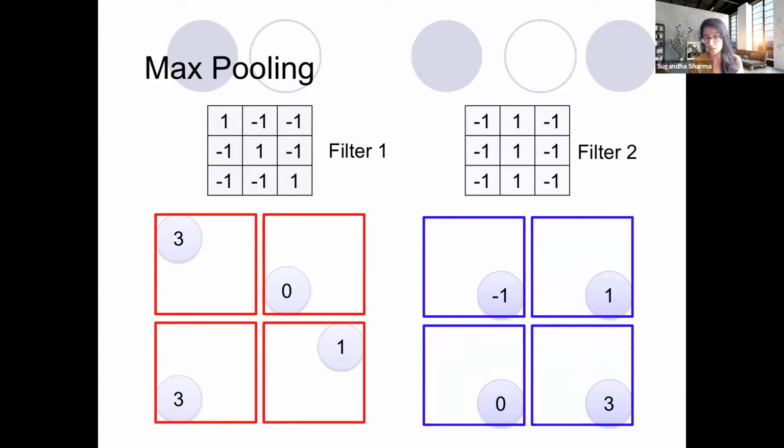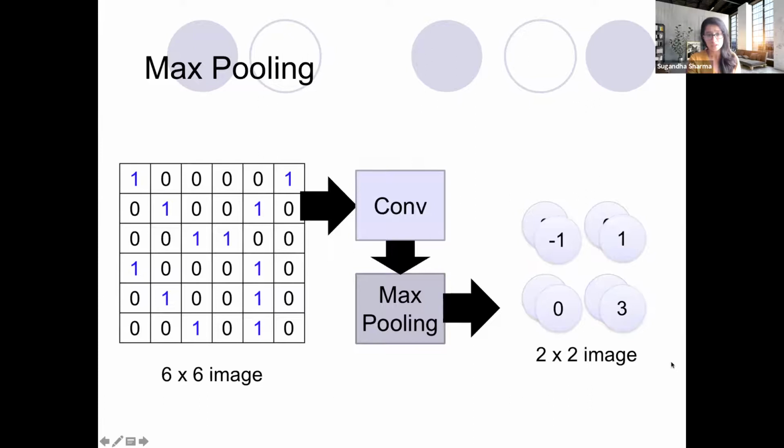right? So what we've done here is we had a 4x4 output image, and we have actually just reduced that to a 2x2. And similarly here, the 4x4 output image corresponding to filter 2 has also been reduced to a 2x2 image, right? So in a sense, we took an input image, which was 6x6, we performed convolution, and this gave us 4x4 images corresponding to each of the filters.